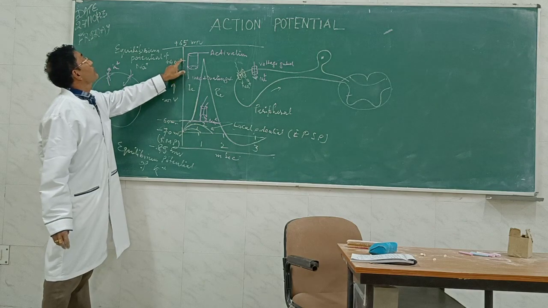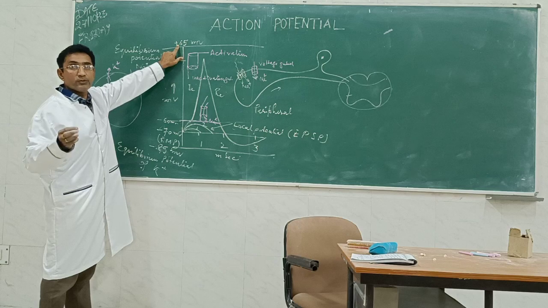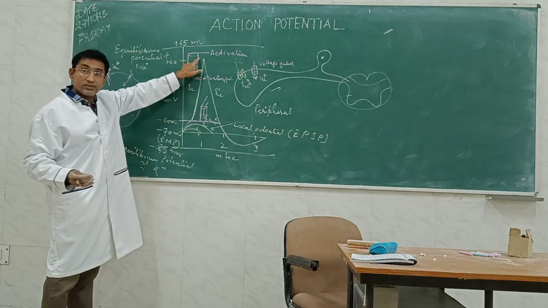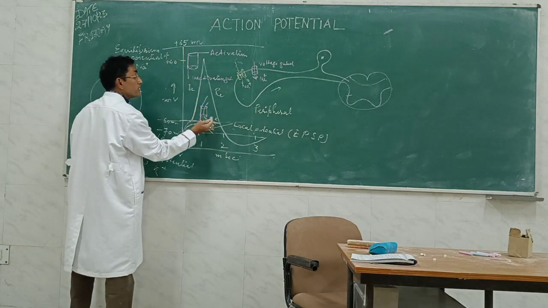As this entry goes nearer to plus 65 millivolt, generally we know that the movement will be less. So before that, according to the characteristics of this channel, a gate will be closed. Which gate?